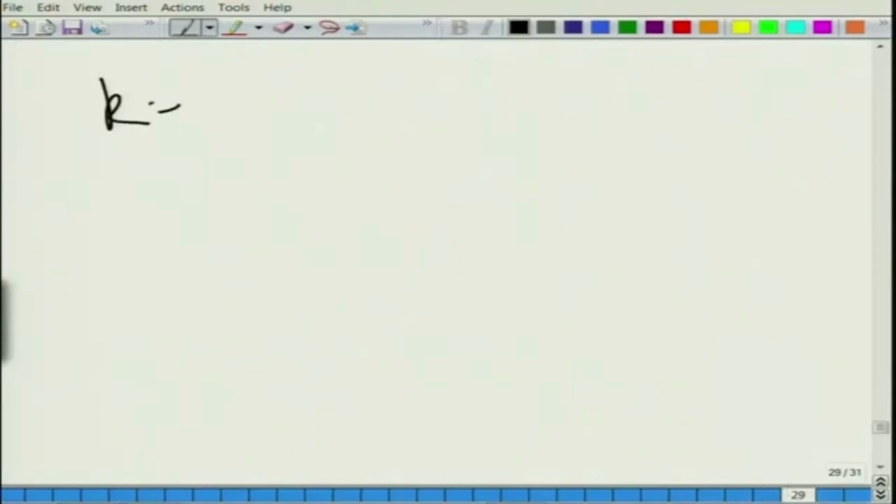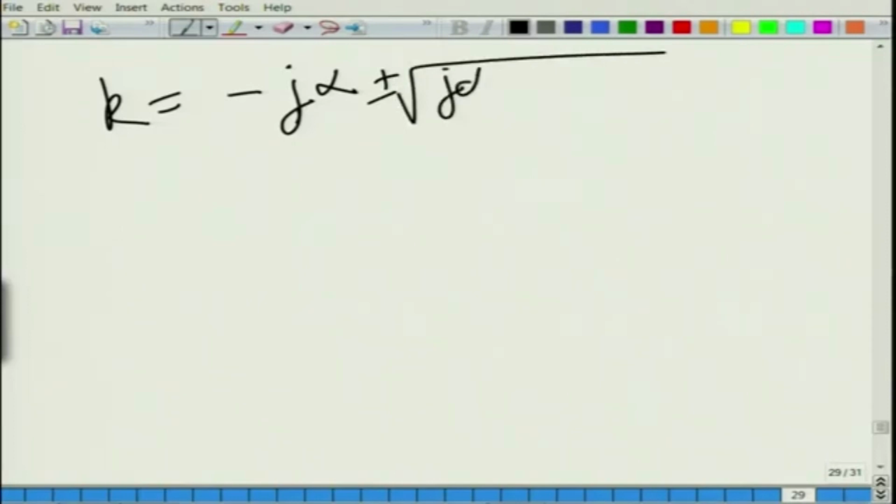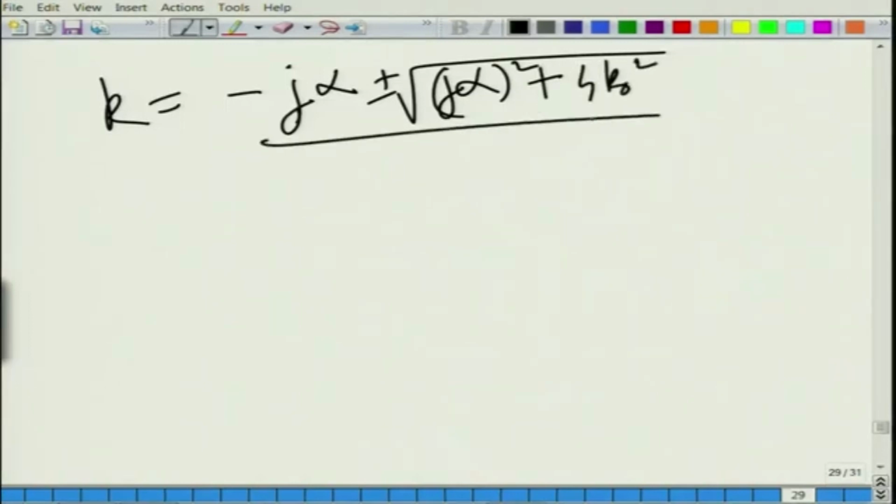So, k becomes j alpha plus minus root over j alpha whole square plus 4 k naught square, by 2.